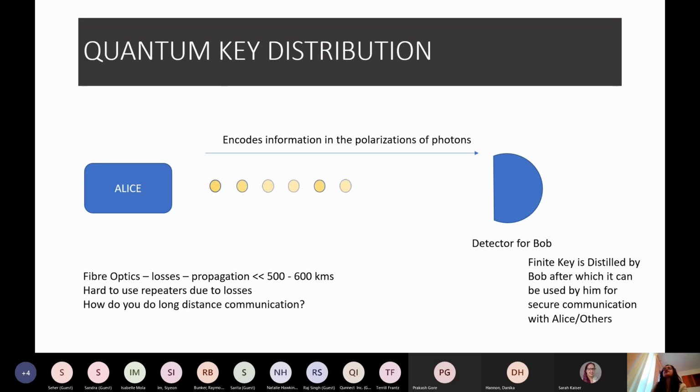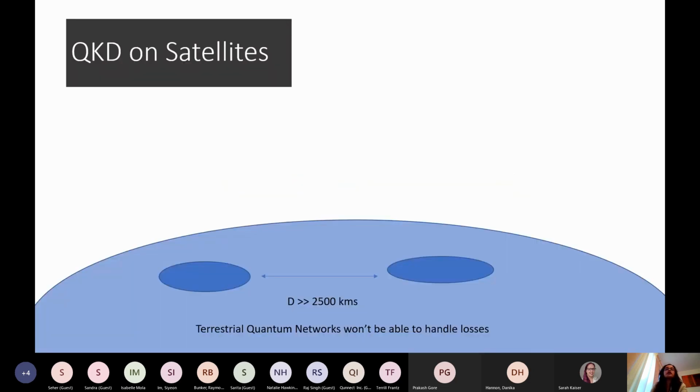So, for example, if there are two countries around the world which are separated by a long distance, how do you actually use QKD to have a secret phone call, for example?